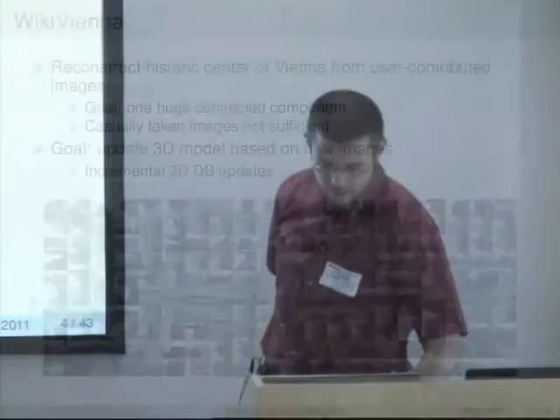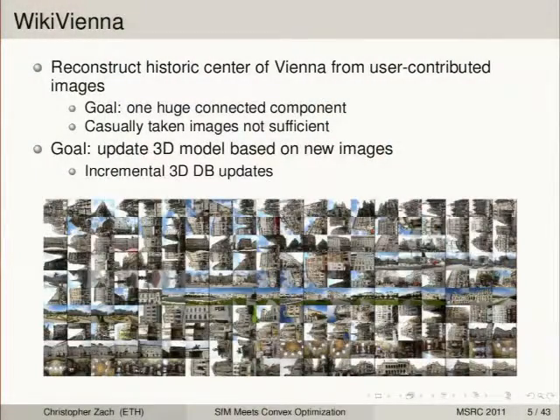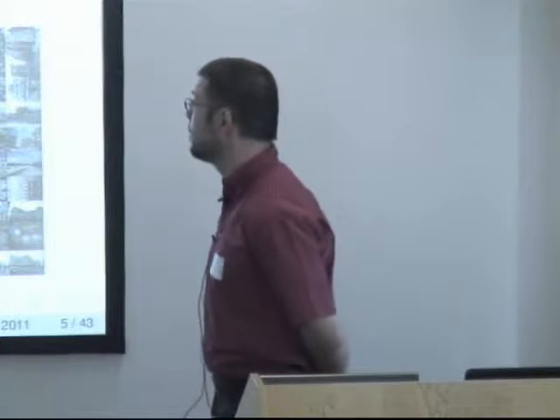The first part is called Beyond the Reprojection Error, and I want to give you quickly some background on a project we had in Graz at the end, essentially, of my PhD time. This project was called Vienna, not necessary that you know about it.